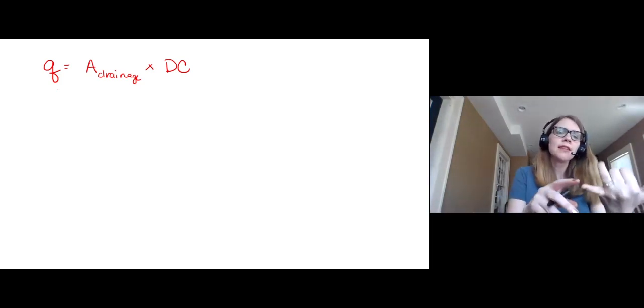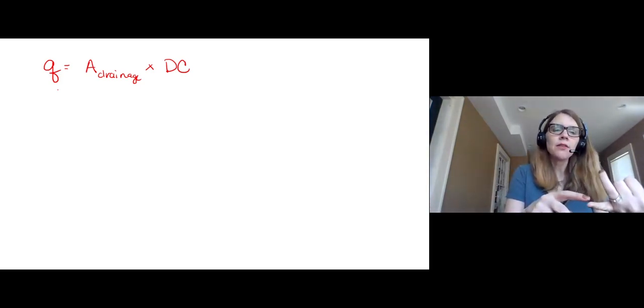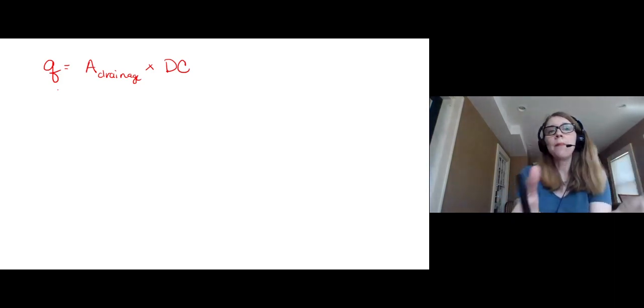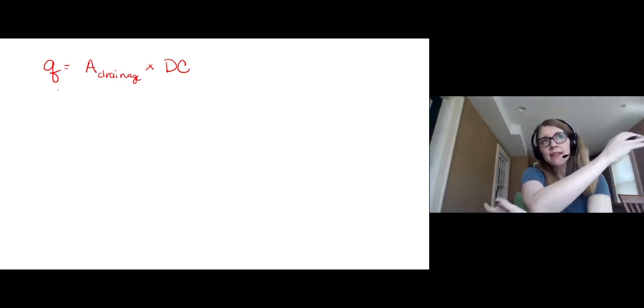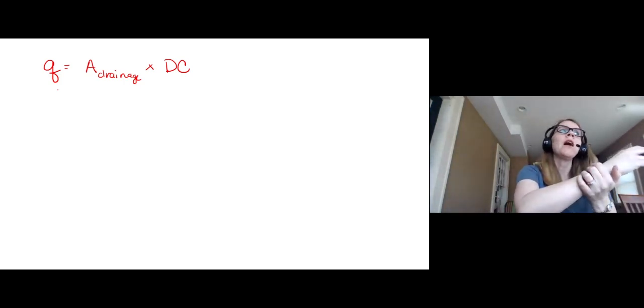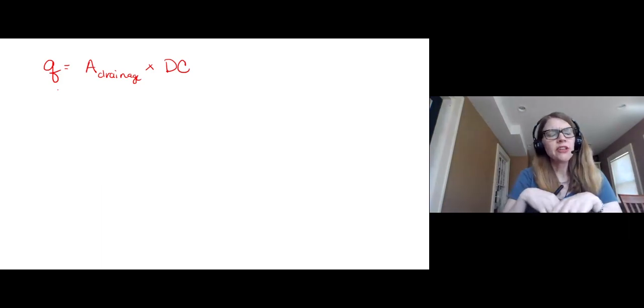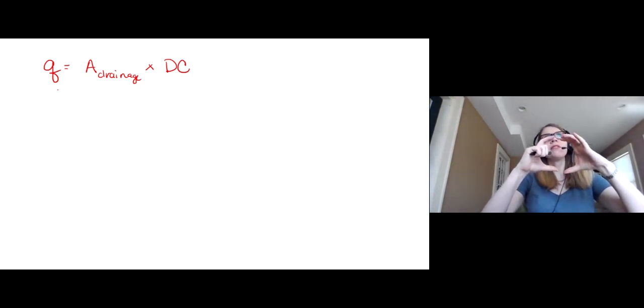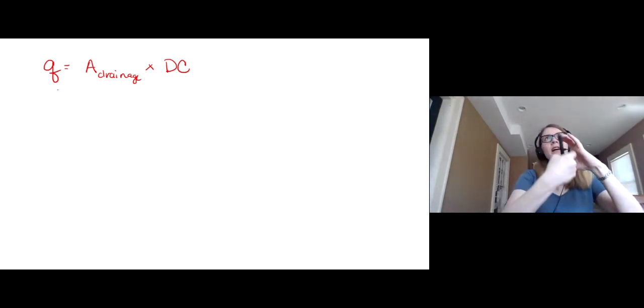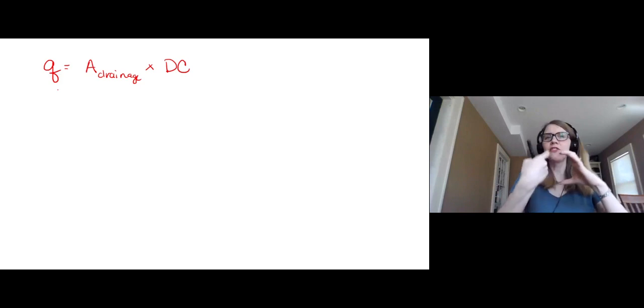So the things that affect the flow rate, the capacity of those drainage lines, are going to be the slope of the drainage line. The steeper the slope is, the faster that water can flow through there. The roughness of the material is going to play a role as well, and also what percentage of the flow is in contact with that rough surface.